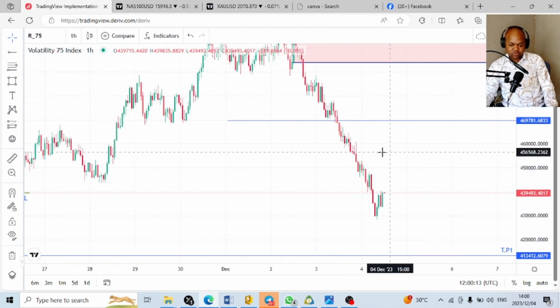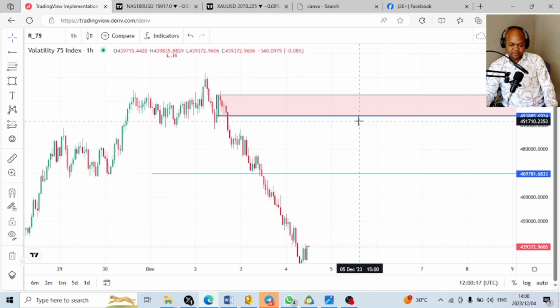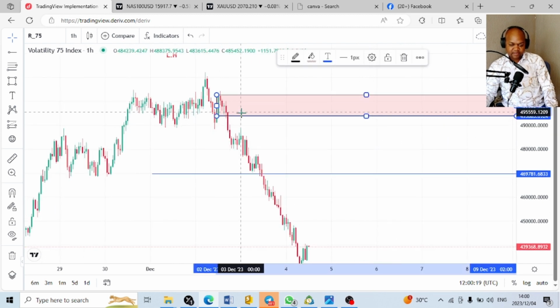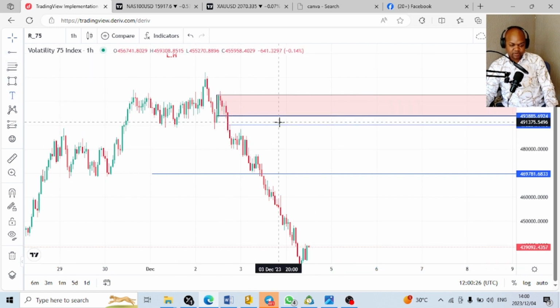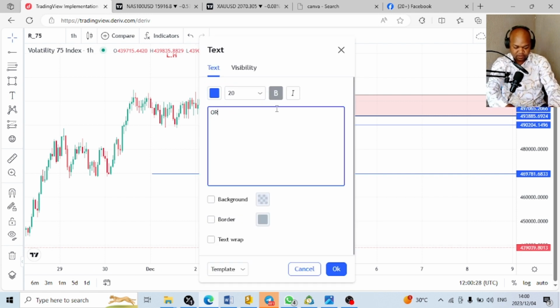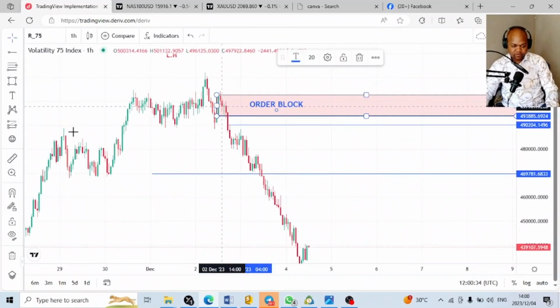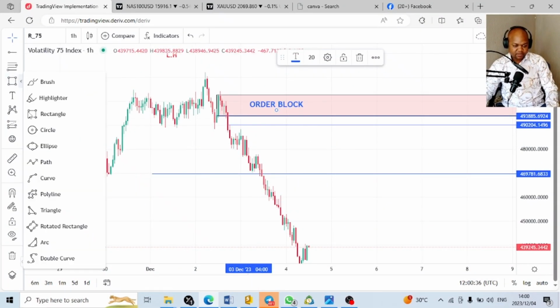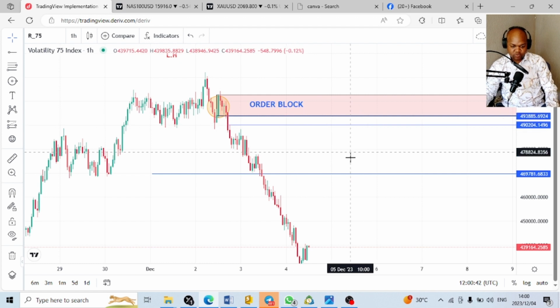Price should come to this level here. Let me just mark it here. And we also have a fair value gap just below that level, which is this one. So we have this order block, which price is likely going to use to reverse and move upwards.